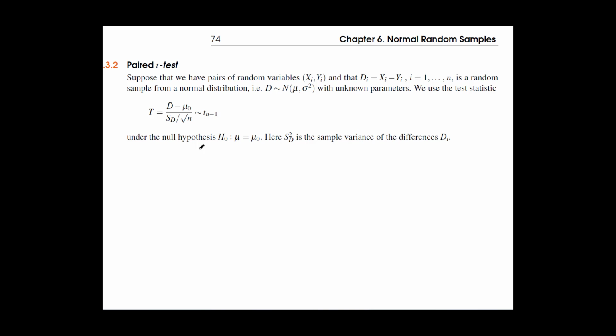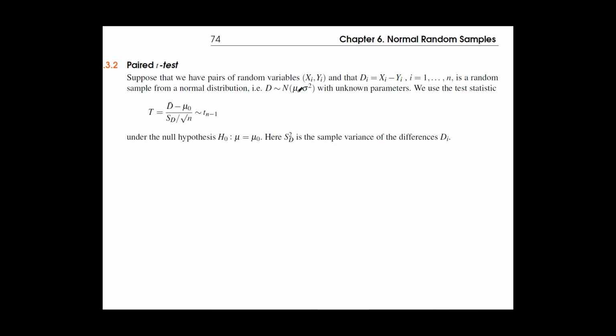Ultimately you want to see if the random variable X is the same as the random variable Y. So we define capital D as the difference between the two, X minus Y. Then we're going to assume it's a normal distribution with mean and variance like that.